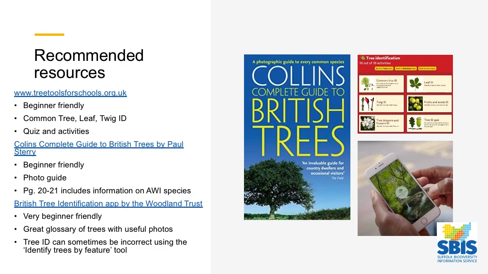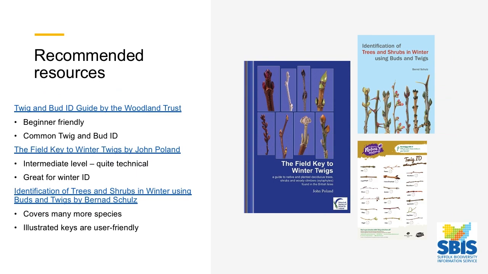The other ones that I could find which might be helpful are the Twig and Bud ID guide by the Woodland Trust, which you can see in the bottom right. It's just a very beginner friendly guide that's got all of the basic trees and bud IDs already on there for you. The next is the Field Key to Winter Twigs by John Poland.